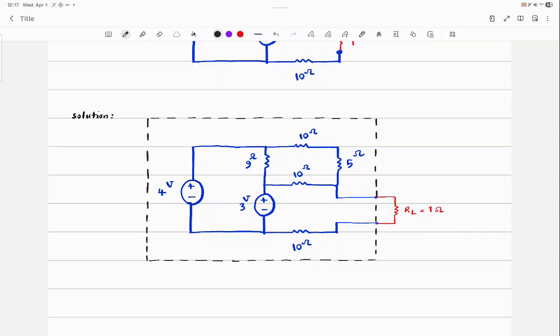So this is your black box, and that is your load, okay?